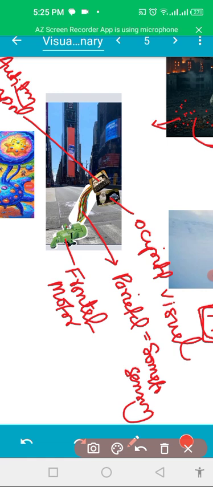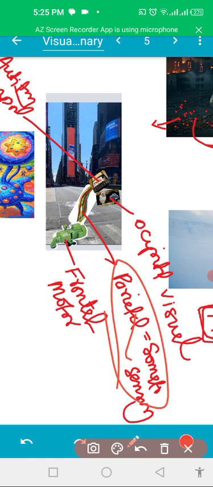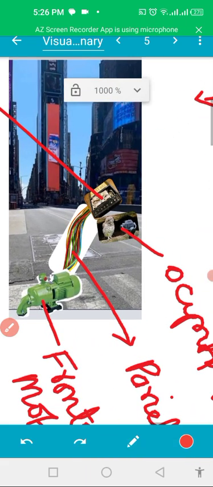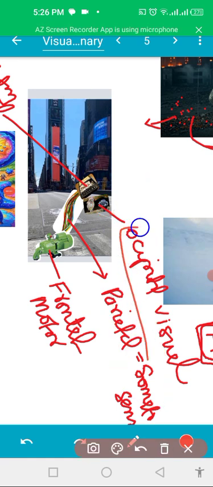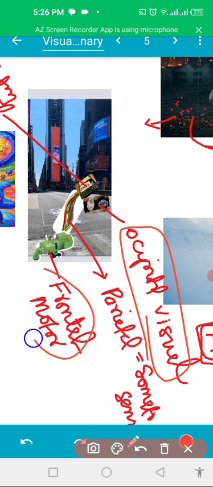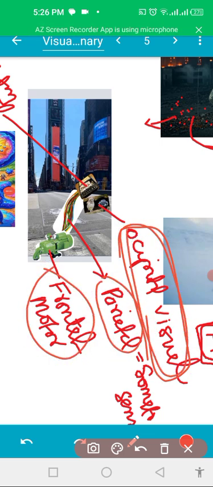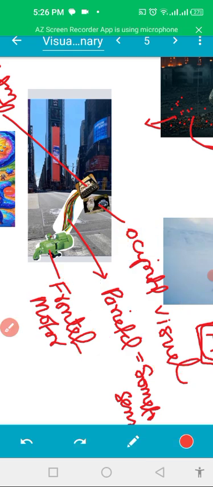So the parietal lobe is associated with the somatosensory cortex. And the next one is the occipital cortex, where, as you can see, the owl is present, which is looking constantly at everything. So the occipital cortex is involved in vision. So the frontal cortex is motor, the parietal cortex is somatosensory, and the occipital cortex is associated with vision.